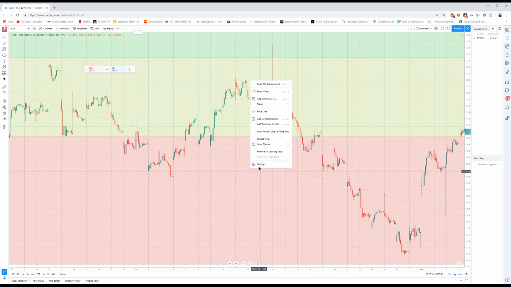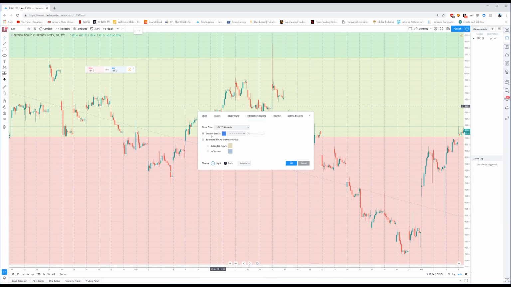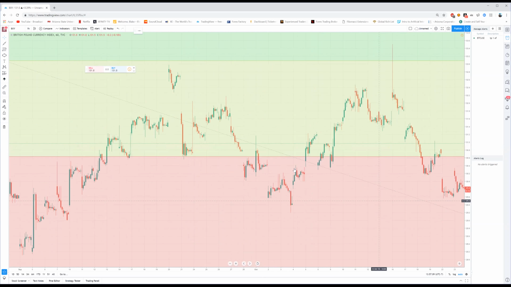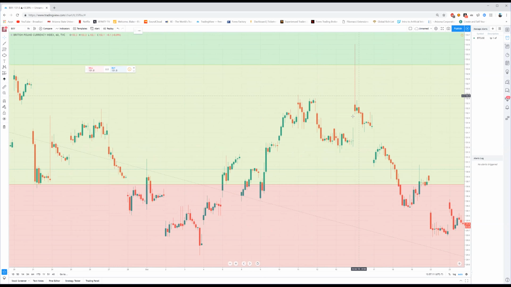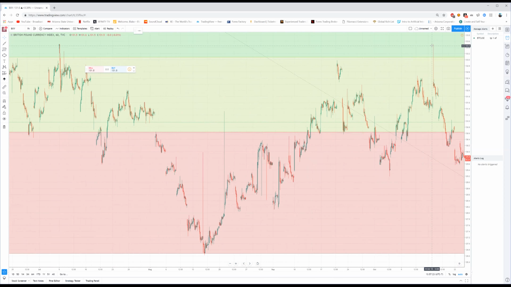I'm actually going to remove the daily session breaks so you can see this a little better. So this hammer here, it had a very small body, very small lower wick, very, very long upper wick. In fact, it broke through a fib level. It was so powerful. And look at this, the top of the wick.